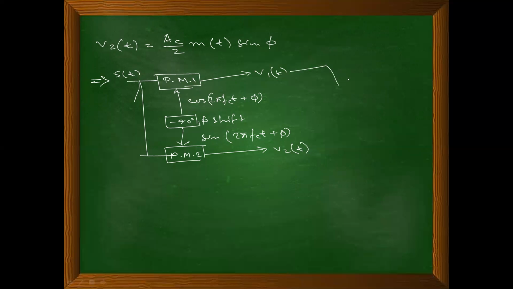Now this V1(t) and this V2(t) will be fed to a phase discriminator, which will find the discrimination among the two phases, and whatever I get is V0(t), which is nearly equal to, or in the form of, m(t).